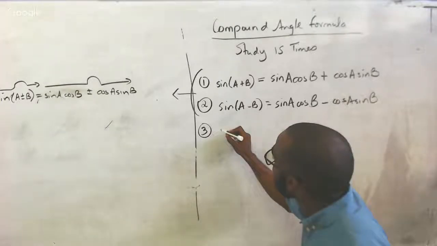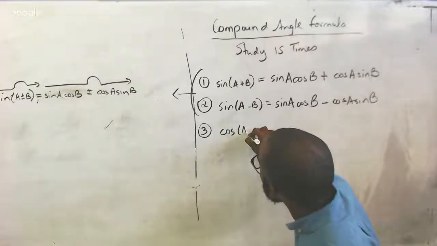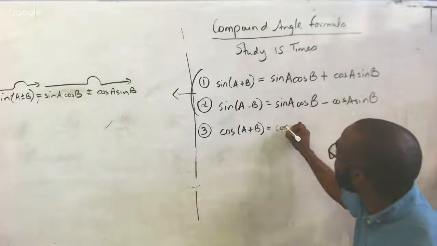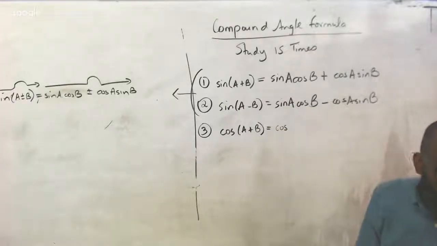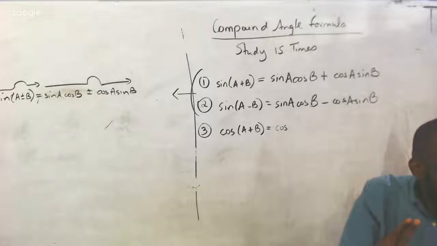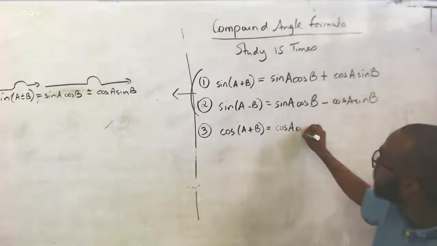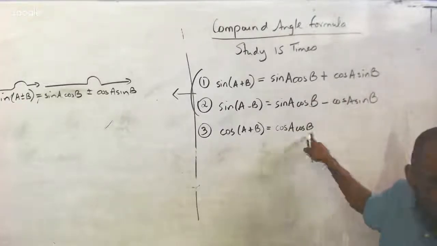3. Cosine of A plus B is cosine, start with cosine. You see the pattern coming up? Cosine starts with cosine, but cosine misbehaves twice. It comes in doubles instead of alternating, and it changes the sign. Cosine of A, cosine of B, that's why it comes in doubles.